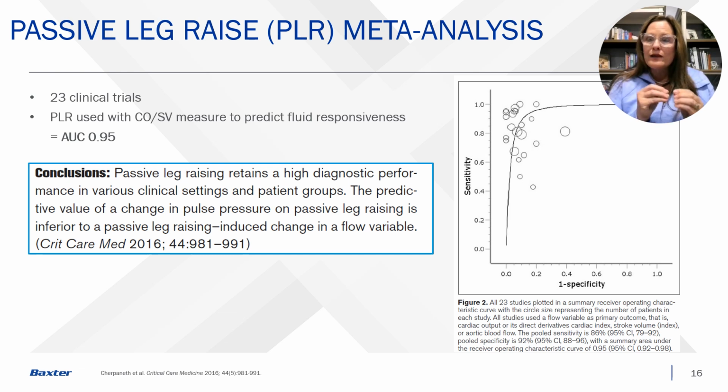That is an incredibly high area under the curve. You can see passive leg raising retains a high diagnostic performance in various clinical settings and patient groups. It's easy to do this procedure. Nurses can learn it, and it's very, very helpful.